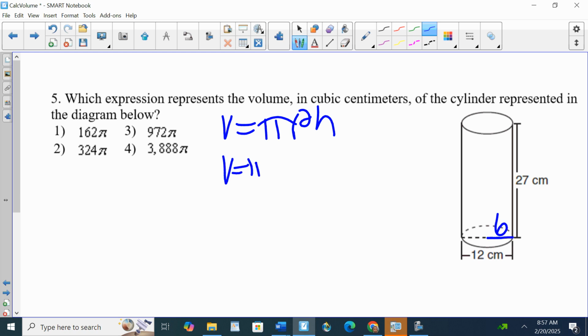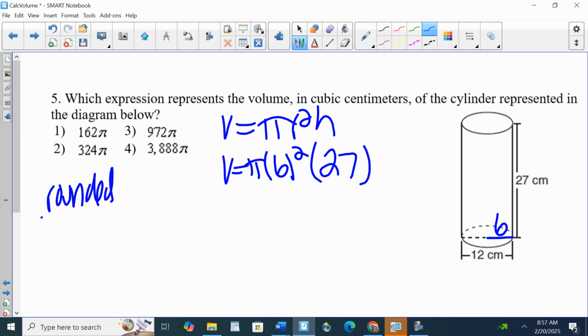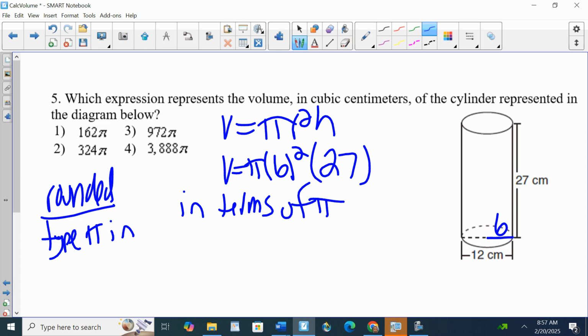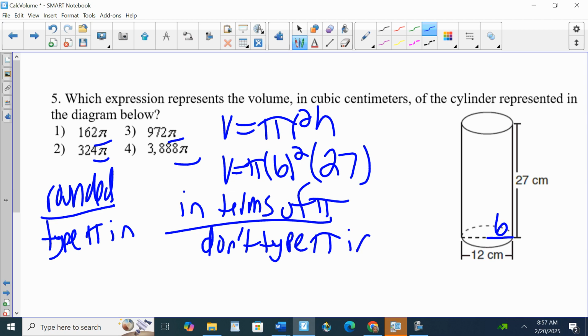So V equals pi 6 squared, 27. Now, this is very important. With pi's, sometimes you type pi in, sometimes you don't. If it says rounded to whatever, type pi in. If it says in terms of pi, or there's pi's in the answers like this one, don't type pi in. So we're still going to write it on paper, into the formula.